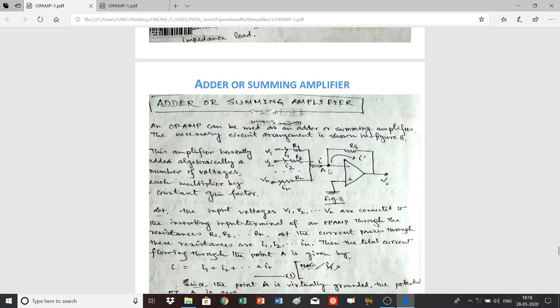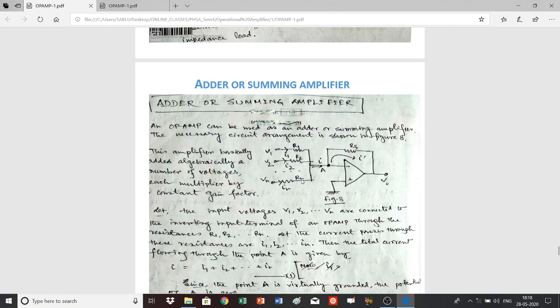Here the input voltages are applied to the inverting input terminal, keeping the non-inverting input terminal grounded. Several voltages V1, V2, V3, up to Vn are connected to the inverting input terminal through the resistances R1, R2, R3, up to Rn.